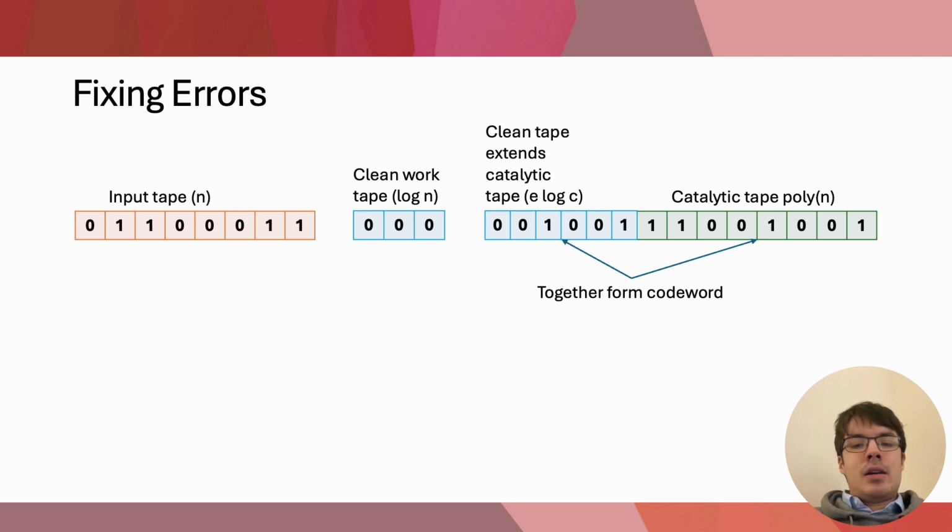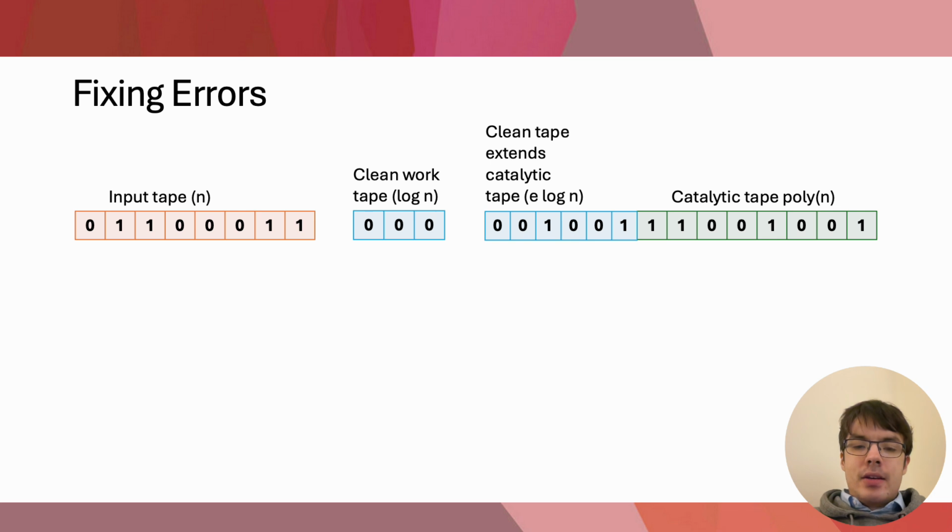By adding log C additional bits, we can ensure that the catalytic tape, no matter what initial state it starts in, when interpreted as a single word together with the clean space, can always be turned into a code word. This allows us to assume without loss of generality that the catalytic tape is always a code word. And from there, we can start our error correcting procedure.